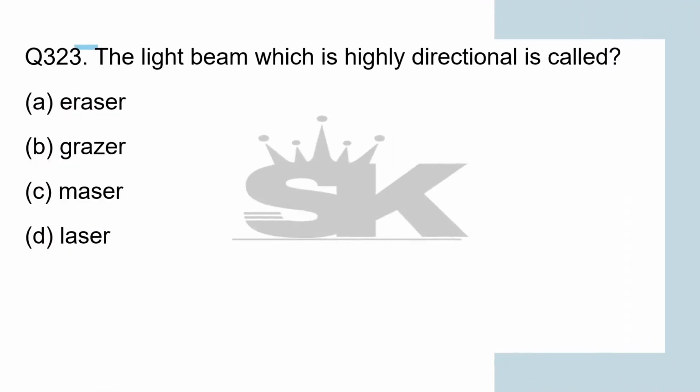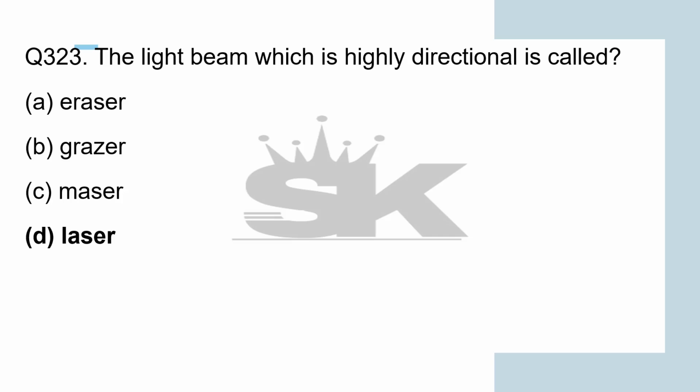The light beam which is highly directional is laser. Okay, laser stands for light amplification by stimulated emission of radiation. Okay, it is an electronic device that produces light, an electromagnetic radiation.